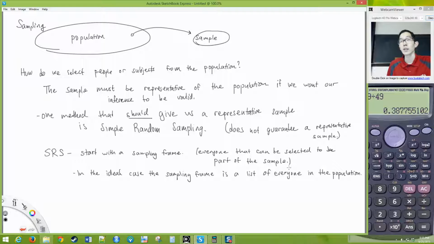The difficult thing is getting a list of everyone in the population. If I said, we want to take a random sample of people living in Los Angeles County, does anyone have a list of every single person living in Los Angeles County? No, that doesn't exist. Okay? We take a census once every 10 years.